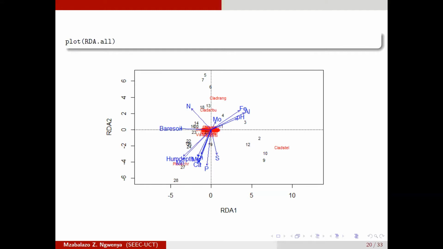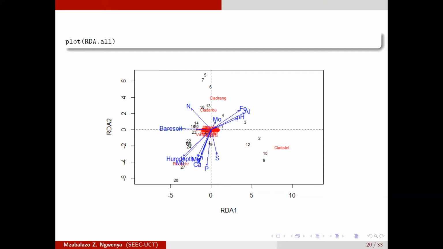But the first thing you should note is that our axes, so remember axis 1, axis 2, correspond more closely to our environmental variables. You can see our first axis corresponds to bare soil. So that's what we want. We try to force the ordination such that we get the variation as restricted by our environmental variables.